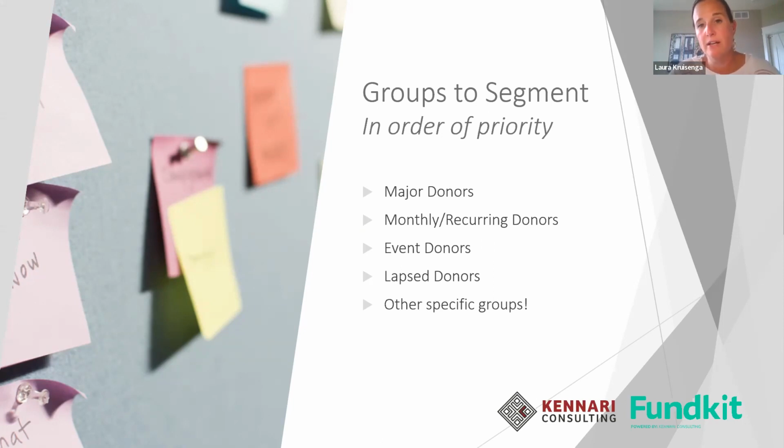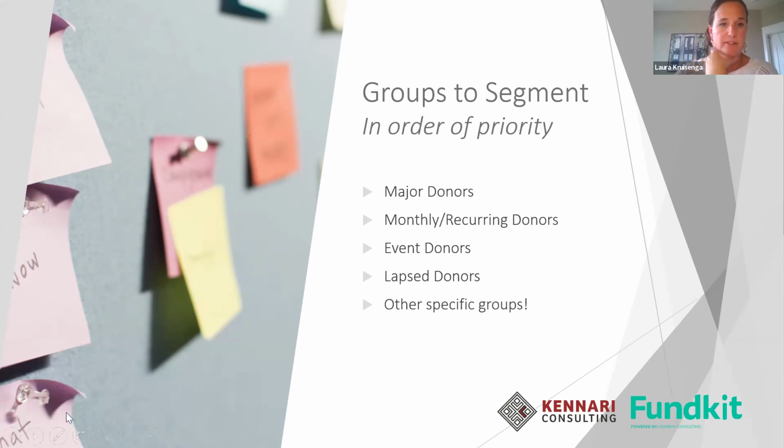These are the 4 segments that Canary really feels like, if you aren't segmenting at all, this is where you should start. Or if you only have 1 or 2, make it be 1 or 2 of these, or add a couple of these to the 1 or 2 that you have now, because it will be transformational, not only in how you connect a little bit better with your donors, but in the results that you see, especially from your solicitations, which is the easiest to measure.